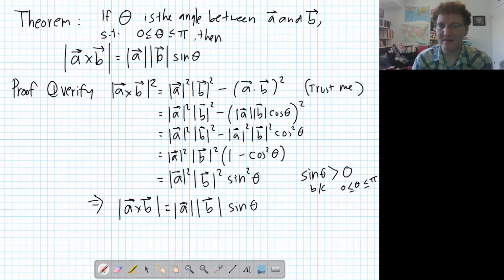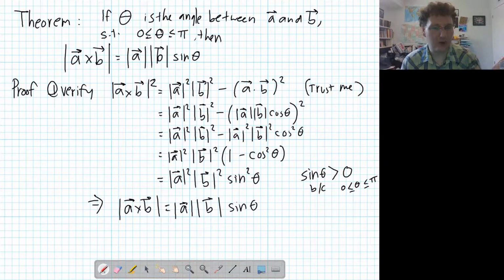So that's a result about the cross product. The cross product gives you a vector, right? The magnitude of this vector is going to be affected by the magnitude of the two vectors and the angle between them.